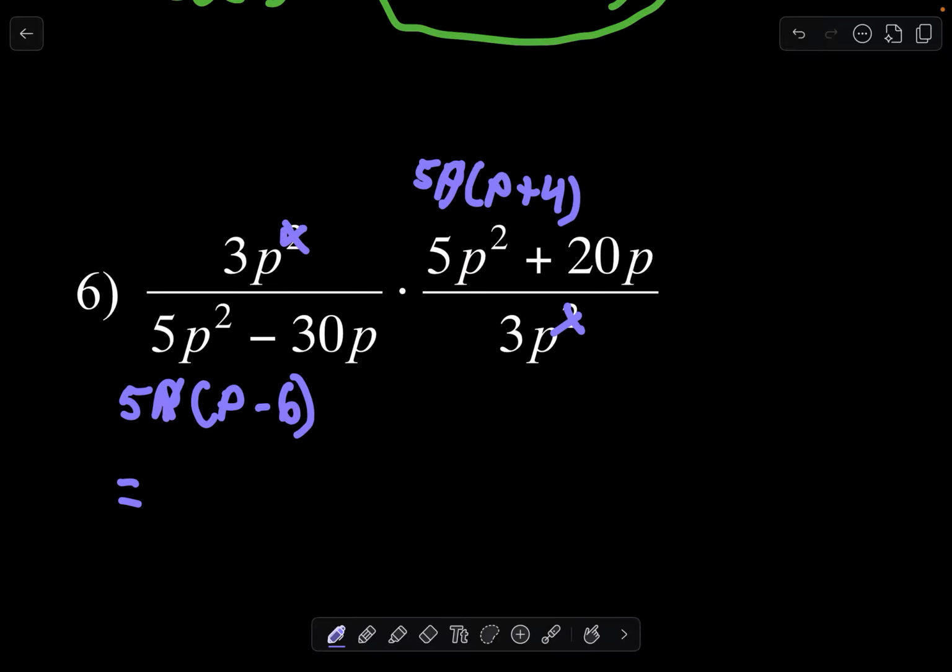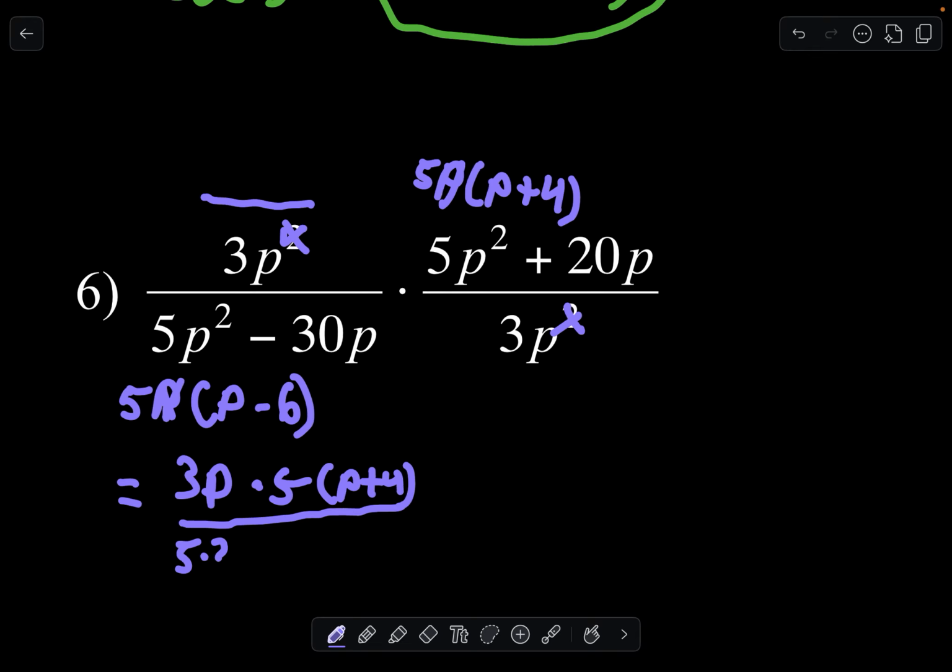And we're left with the 3p from here times, looks like a 5 is still there, and a p plus 4 is still there. And on bottom, we have the 5, this times 3 from here with a p times p minus 6.